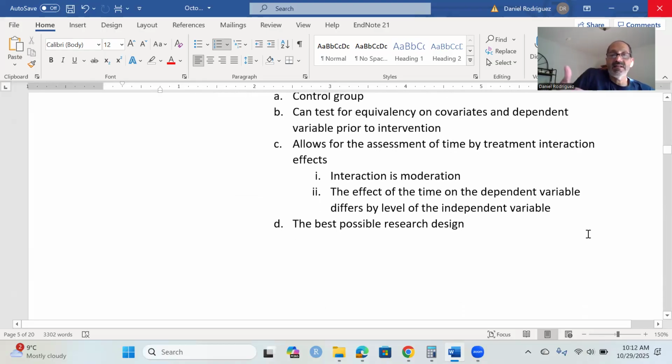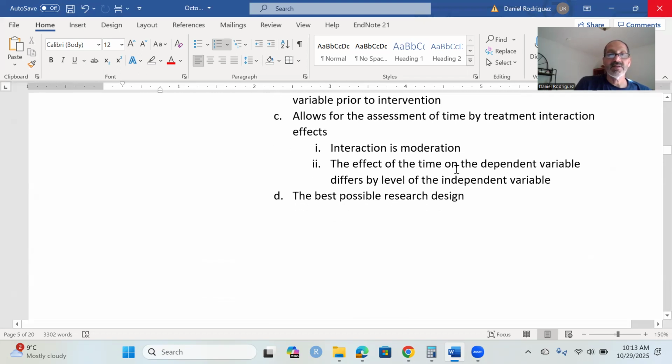It is the change over time resulting from the treatment versus the control. So we test that interaction. An interaction means moderation. So the effect of time on whatever the dependent variable is will differ between those who are treated and those who are not treated. So treatment moderates the effect of time on whatever the outcome is.